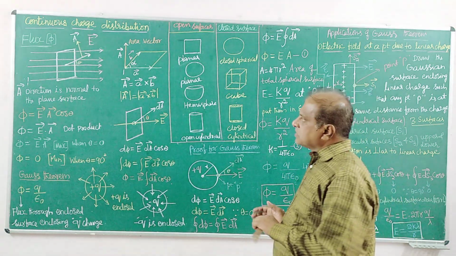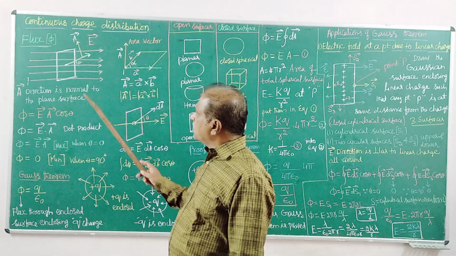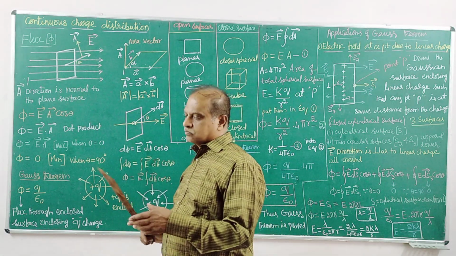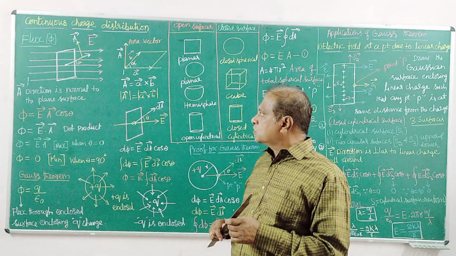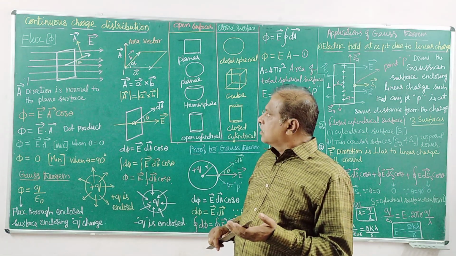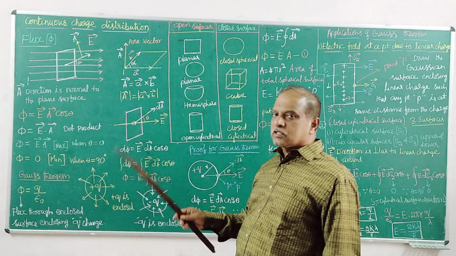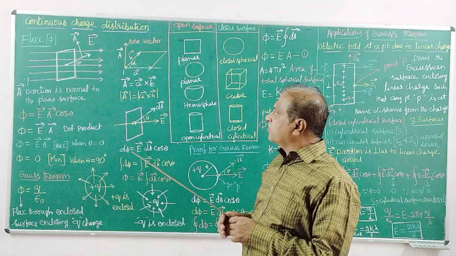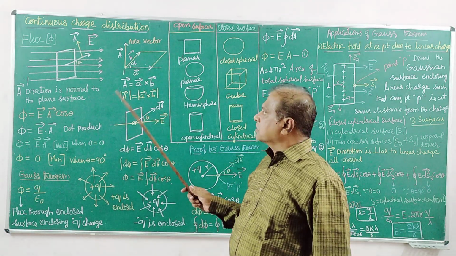Here, let's just visualize some surface area, which is of course two-dimensional. In the electric field, this is the usual representation of electric field: a series of parallel lines with a direction.